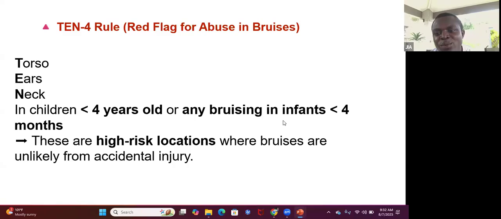Or any bruising in infants less than 4 months, any kind of bruising at all, you just suspect abuse. So you're seeing these are high-risk locations where bruises are unlikely from accidental injury. Accidents are there, but in these areas they are unlikely.